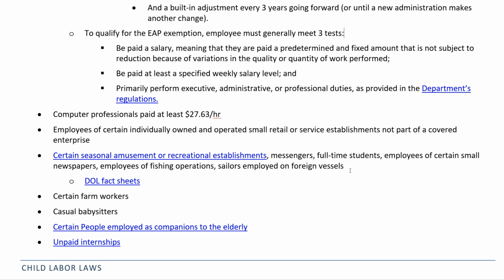Unpaid internships are allowed under certain conditions, and it all just kind of depends. So the general rule is that there's this minimum wage, but there are these very large exemptions here. So you just have to understand what kind of job you are either offering or working in to understand whether or not you're being paid legally. Okay.